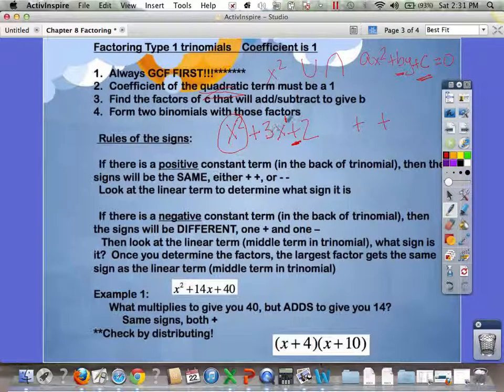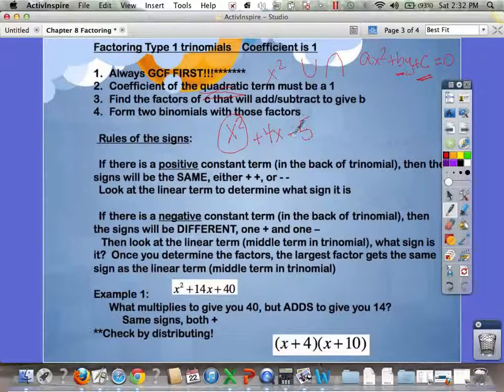Okay? Now, if there was a negative, let's change this. If there was a negative in the back, that means different signs, because the only way you can get a negative by multiplying is multiplying by a positive and a negative.